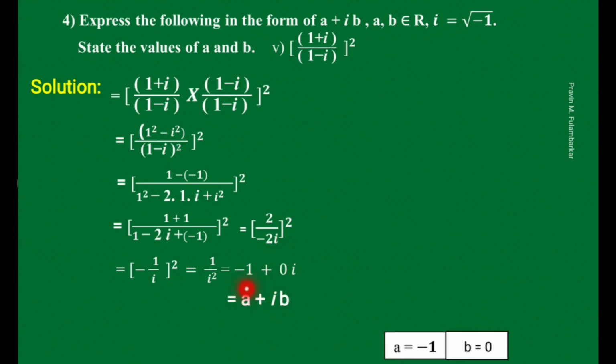You can directly write that value here. So in this way we solve, or we can express the given complex numbers in the form of a plus ib and find the values of a and b. So next sub questions we will see in the next lecture.